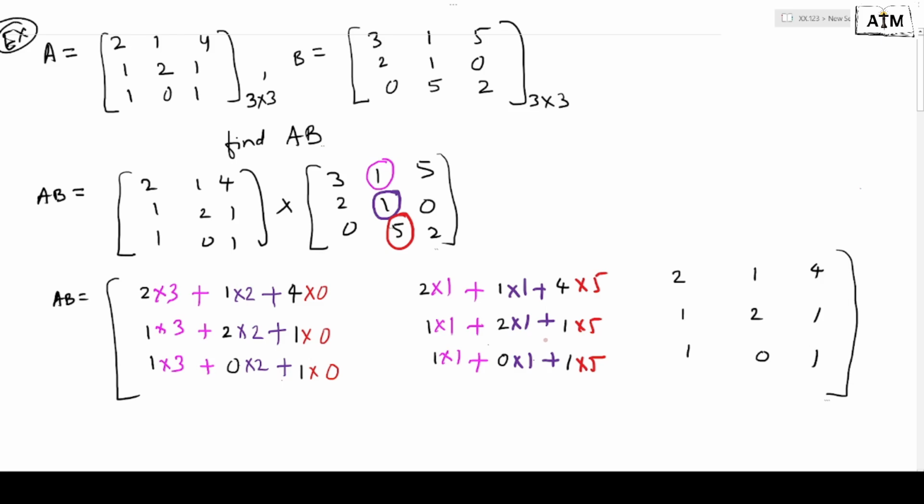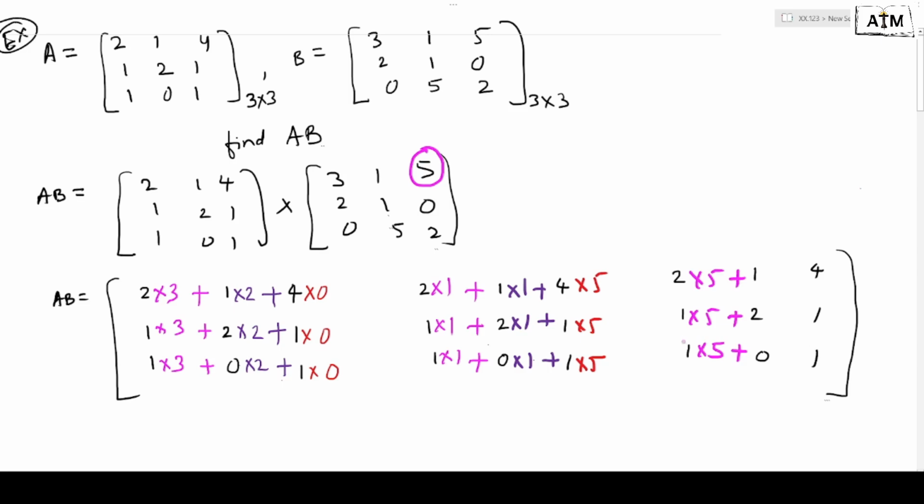Now we will use column 3 elements. The first element of column 3 is 5. So into 5, 1 into 5, with plus signs. This is the logic.